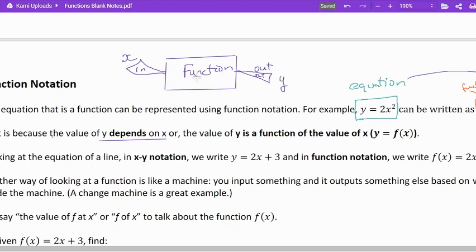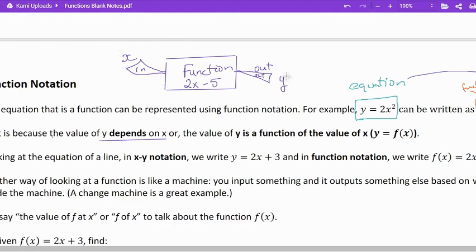So you might have a function, something like 2x minus 5. You put in an x. Let's say x is 1. 2 times 1 minus 5 is negative 3. And it spits out, y is negative 3. Do you see how y is not independent? It really depends on whatever value you give x.